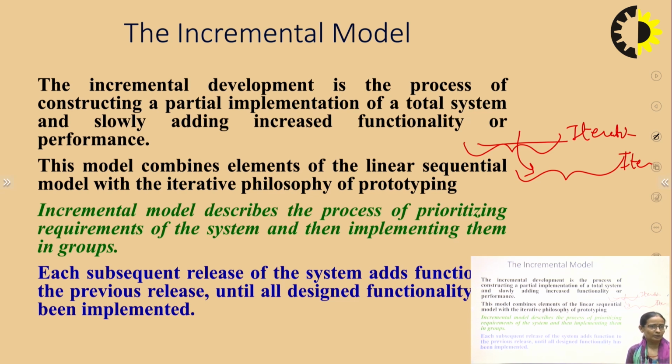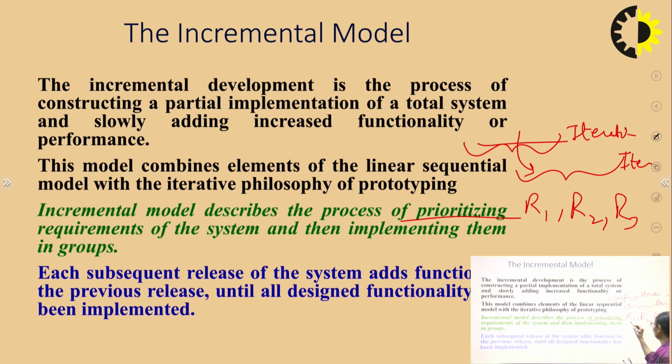So the incremental model describes the process of prioritizing the requirements of the system and then implementing them in groups. What it says is, you have a set of requirements, you will make groups of those requirements, and let's suppose we have 3 groups of requirements, R1, R2 and R3.